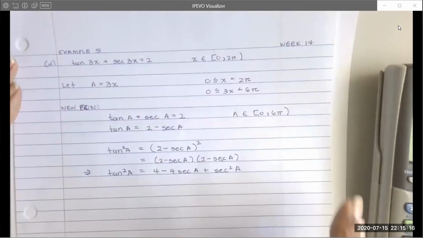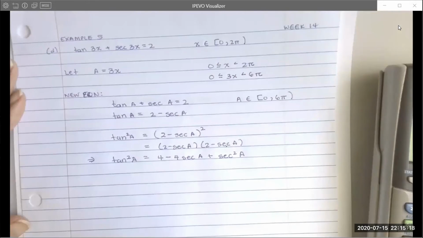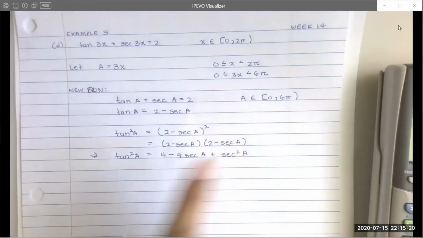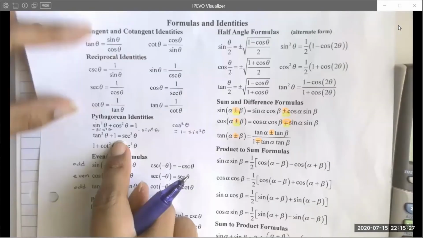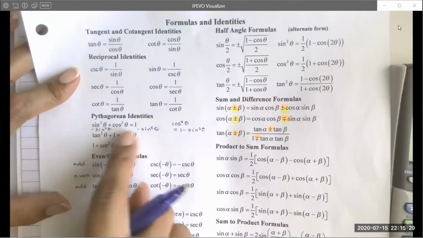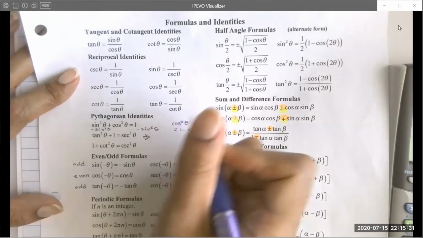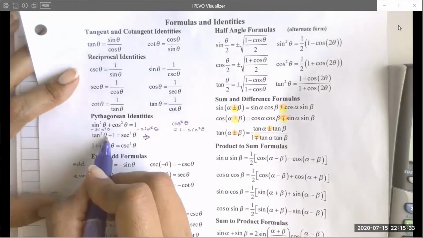Okay, so now that we have it in this form, since this has secant and this has secant squared, when I'm using the Pythagorean identity, I'll go ahead and replace tangent with some expression involving secant. So I'll have to manipulate the identity a little bit to isolate for the tangent.